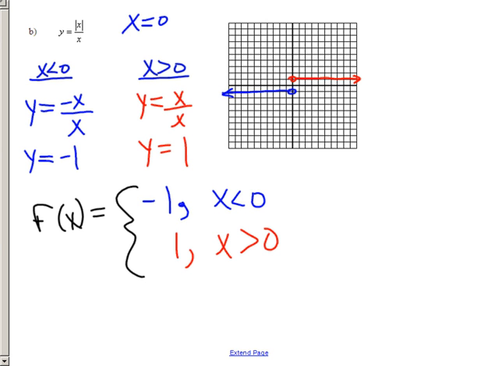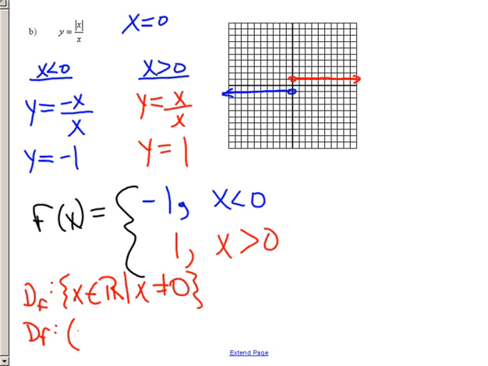If you were to list the domain in this problem, the domain of this function would be x is any real number such that x cannot be 0. And therefore, if we wrote this in interval notation, it would look like negative infinity to 0 in union with 0 to positive infinity.